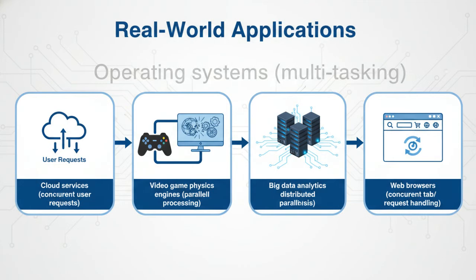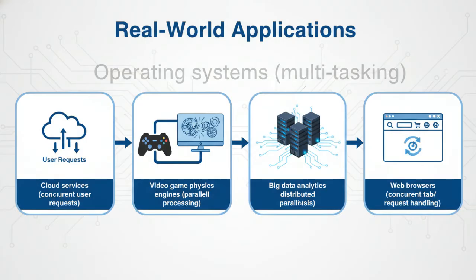These concepts are deeply embedded in the technology we use every day. Consider cloud services like Amazon Web Services or Google Cloud, which handle millions of concurrent user requests by utilizing massive parallelism across their data centers. In video game physics engines, parallelism is vital for simulating complex interactions and rendering detailed graphics in real time.